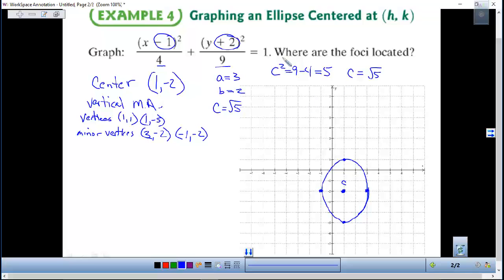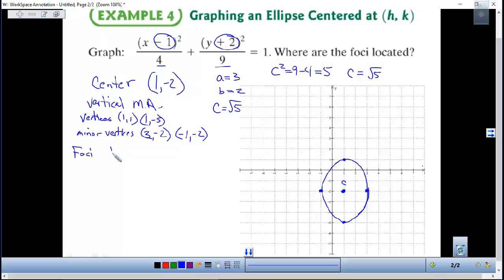Now we have not identified our foci yet. Guess what? Well, we're still going to do exactly the same thing we did before. So for the foci, we're going to add and subtract the square root of 5, but we're going to add and subtract it from the actual center along the vertical major axis. So we're going to change our y again.